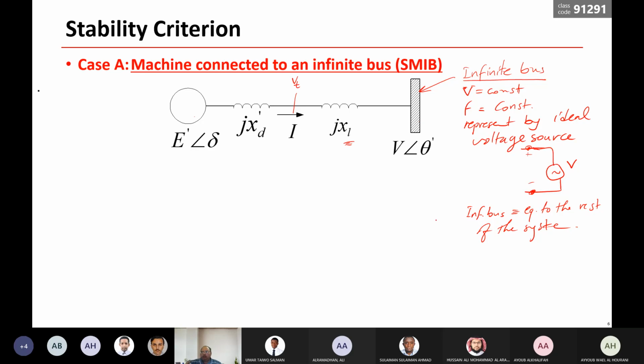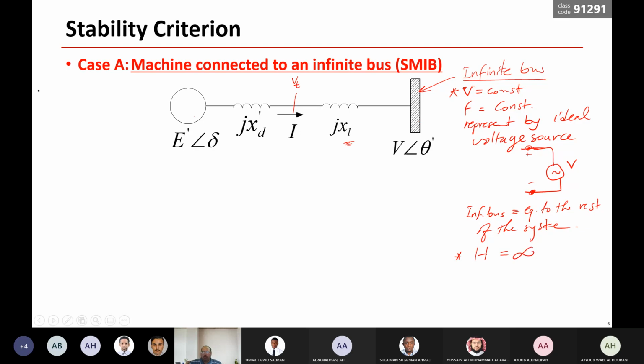The frequency is constant. Why is the frequency constant? The frequency being constant is a result of the infinite bus having infinite inertia.